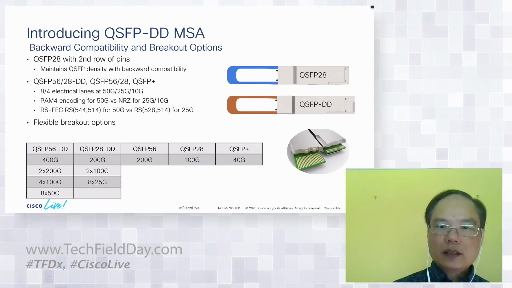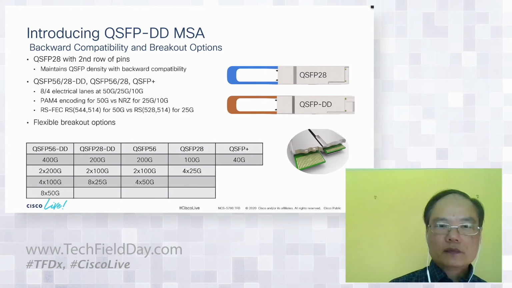QSFP28-DD can be broken out to 2x100 and 8x25. QSFP56 can be broken out to 2x100 and 4x50. QSFP28 to 4x25, and QSFP Plus to 4x10.